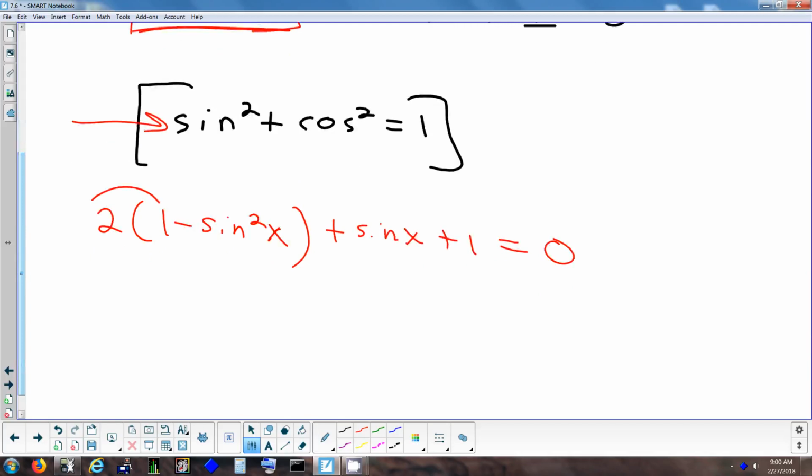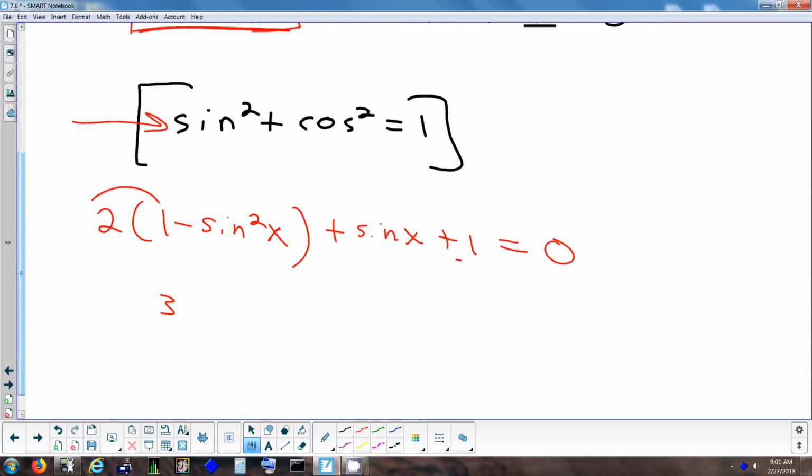So I've got 2 times 1, but then I've got a plus 1 at the end. So 2 times 1 plus 1 will give me plus 3. So I'll just put positive 3. You don't have to put the plus in front.